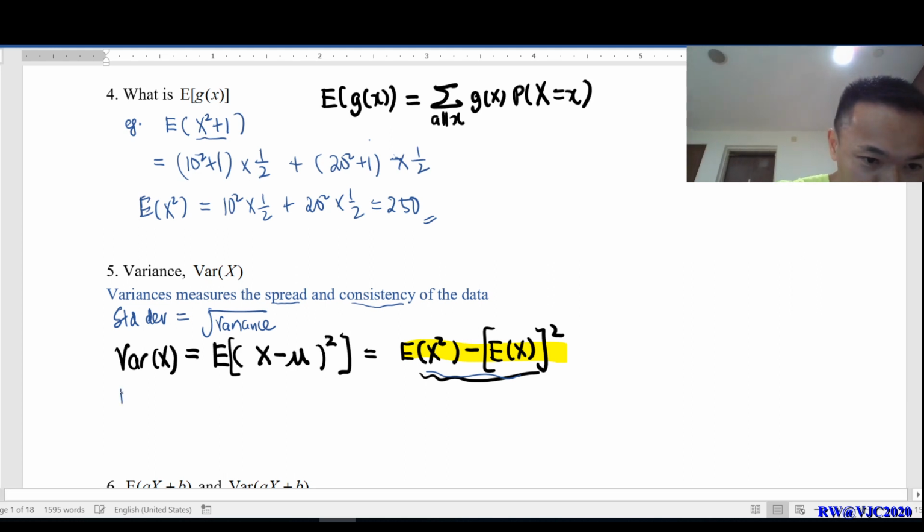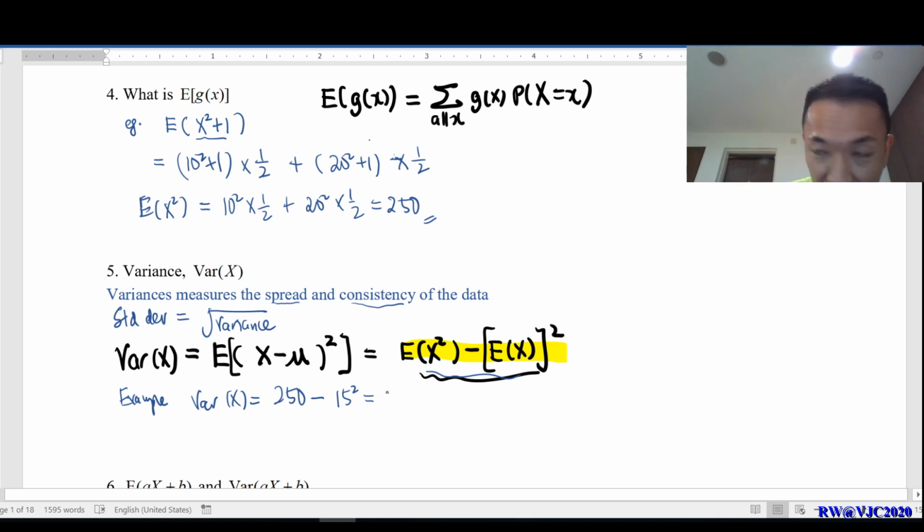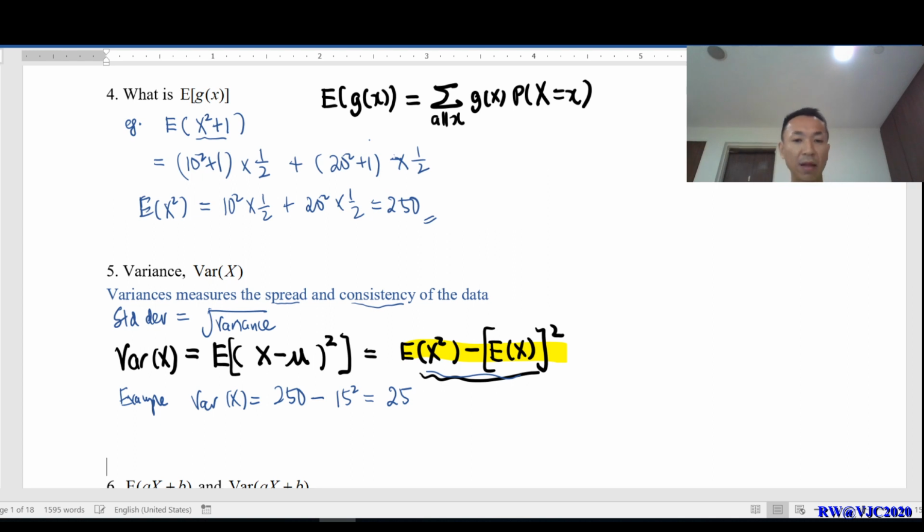In our example, variance of x is the expected value of x squared, which is 250, minus the expected value of x, which in our case was 15, squared. Then you get this number, 25. Done. This measures the spread.